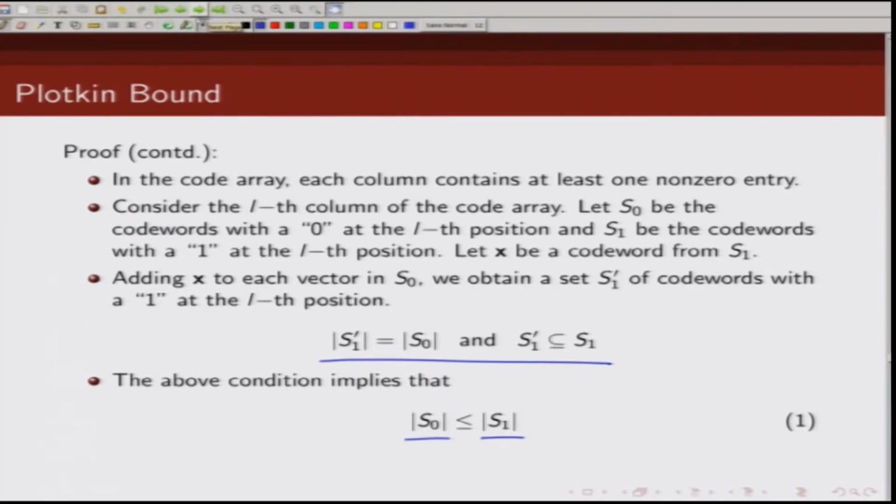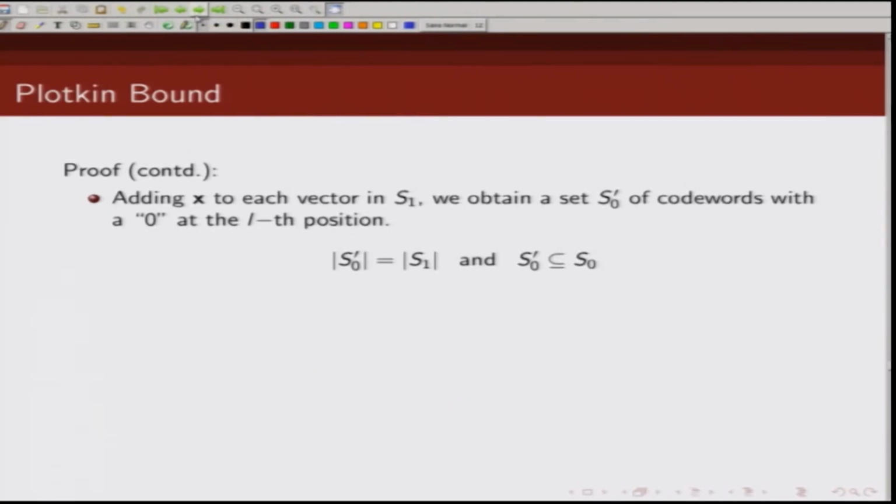Next, we add this same vector X now to the set S1. Earlier we added it to set S0, and in the process we generated a new set of code words which has 1 at the lth location. Now we are adding this code word X to the set S1. X has 1 at the lth location, and S1 has 1 at the lth location. So, when we add them together we get a new set of code words which will have 0 at the lth location.